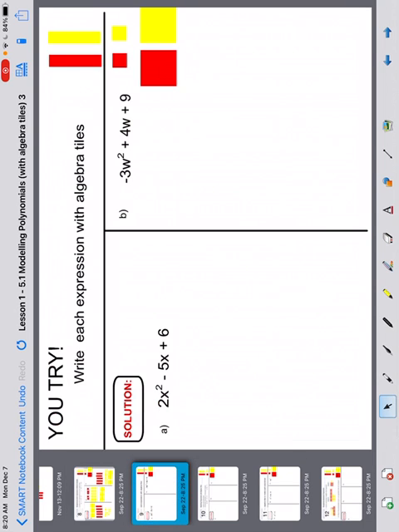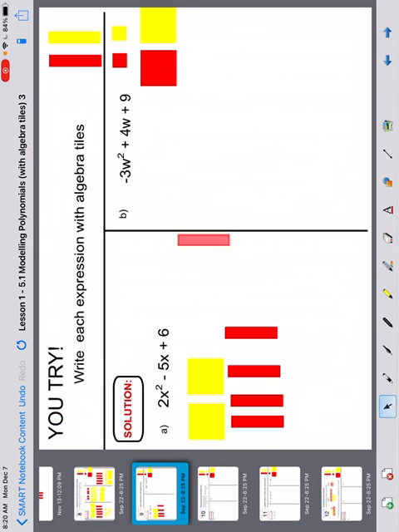Let's do one more example: 2x² − 5x + 6. We're starting with the x²'s, plus 2, it's yellow, −5x, red, plus 6, that's our constant term, we need 6.